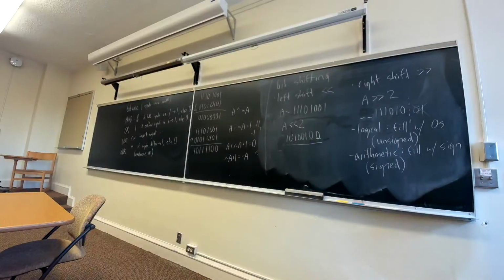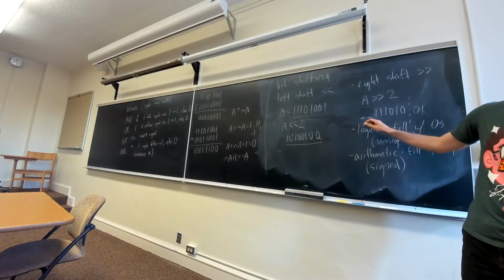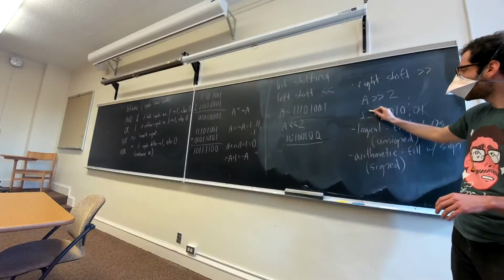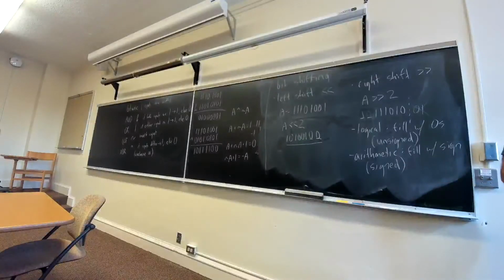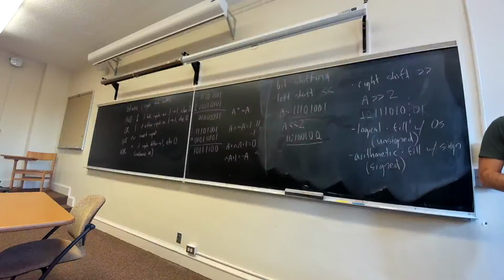A 1 and a 0. So which one would be 1, which one would be 0? The first one, the most significant. This would be 1, and this would be 0, you're saying? Why do you say that? Because I'm thinking the first number was a negative number, so to make it signed, we just put the 1 for it to be a negative number, and then the 0. I'm just thinking fill it in with the 0.